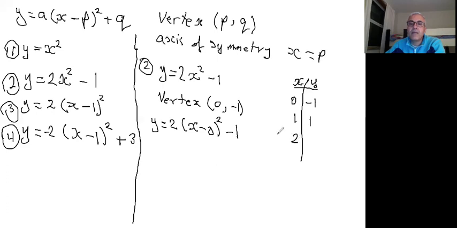Then I take the 2, sub it into the original equation again. And if you go 2 squared, 4 times 2 is 8, minus 1 is 7. And we have that.